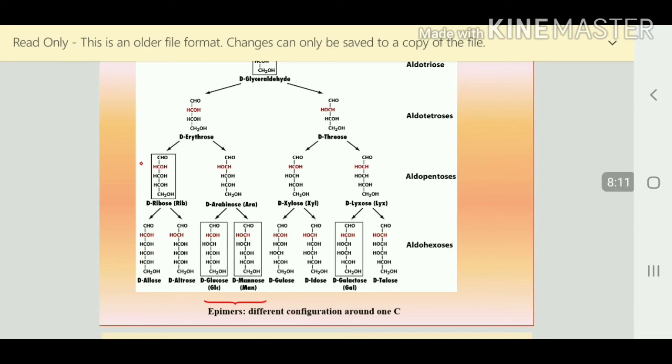But look at the configuration of carbon number 2, that is asymmetric. So in D-glucose, carbon number 2 has OH towards its right, and in D-mannose carbon number 2 has OH towards the left. So glucose and mannose are stereoisomers.